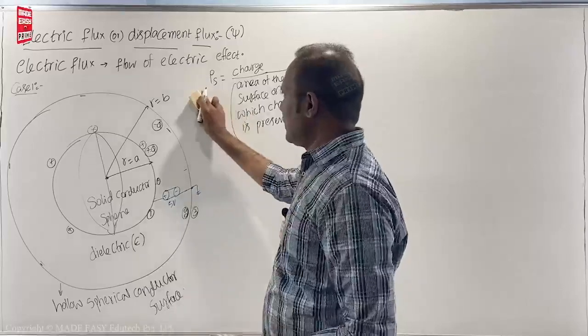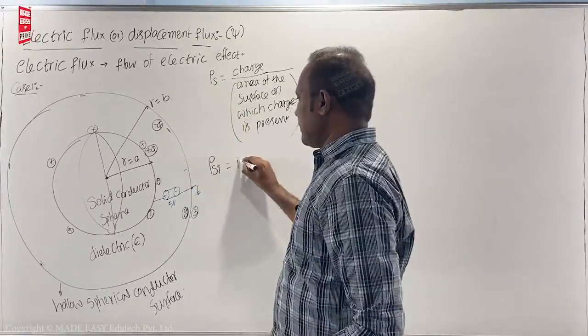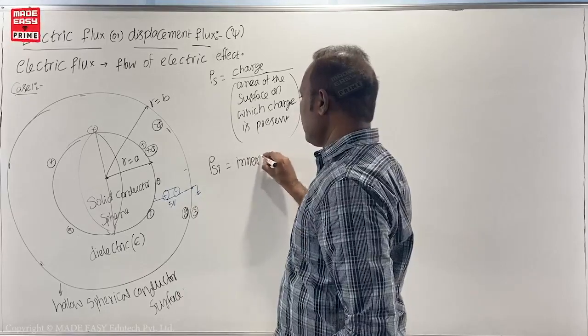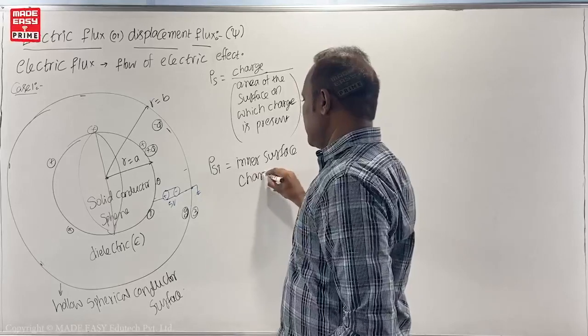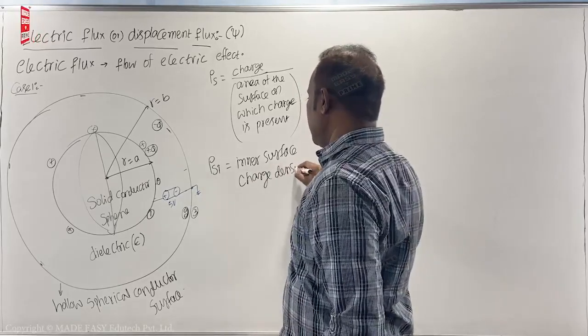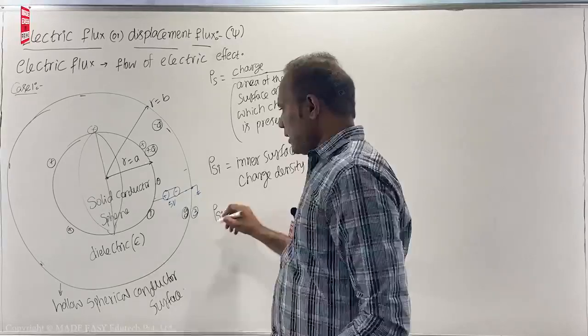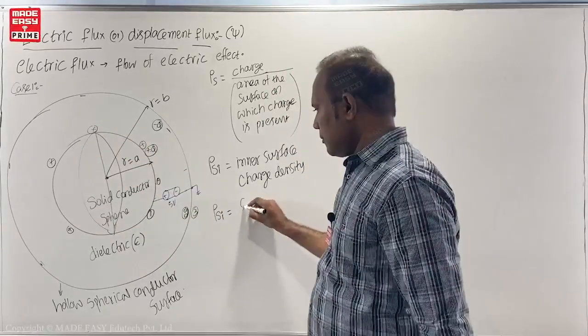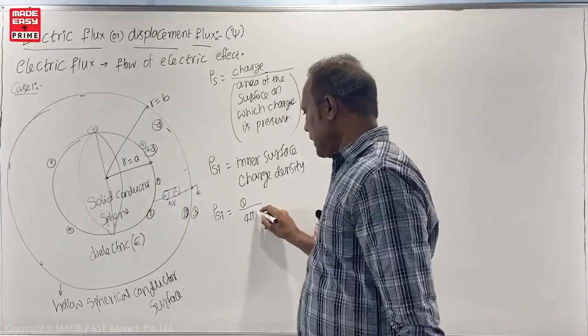Rho S means that. Now rho Si means inner surface charge density. So rho Si is equal to the inner surface charge, which is Q, divided by the area of this inner surface, so 4 pi a square.